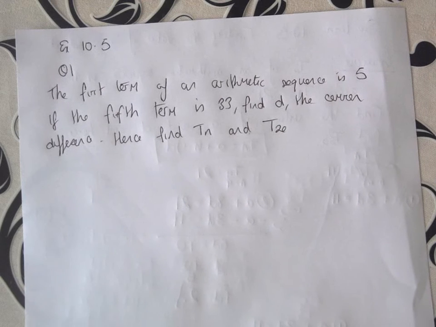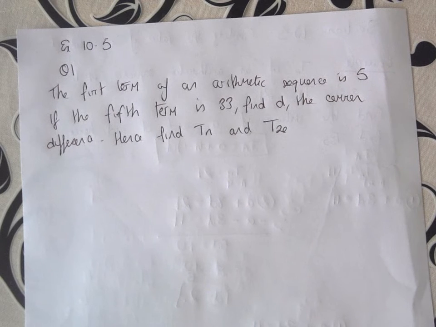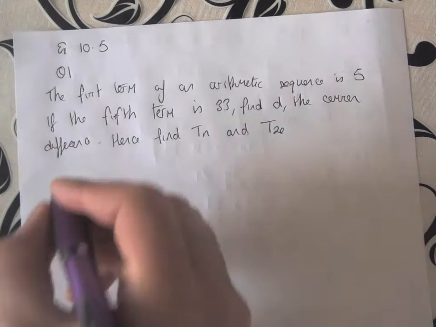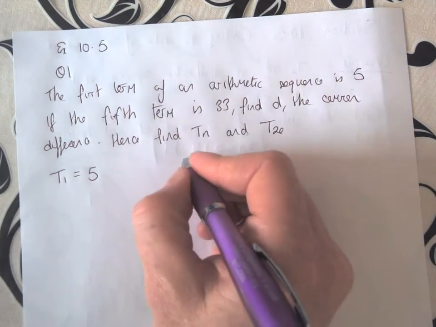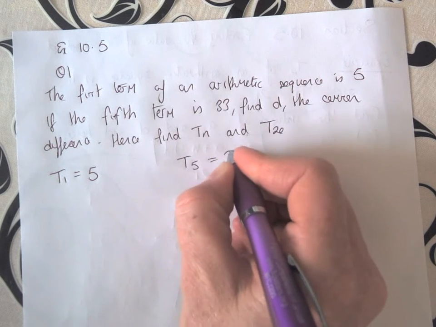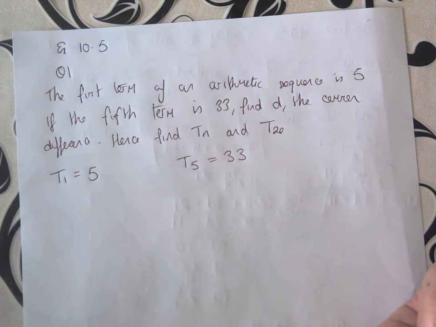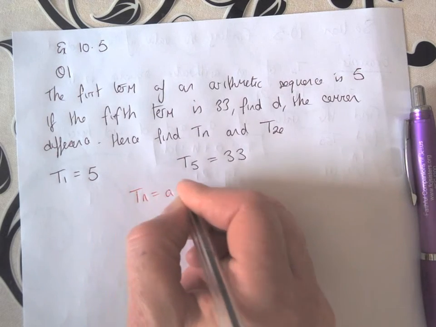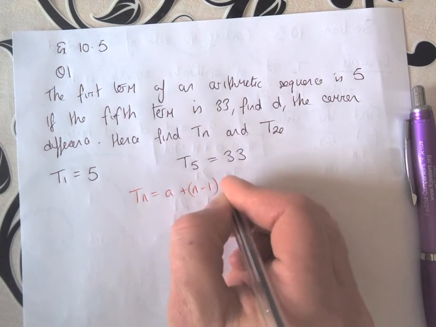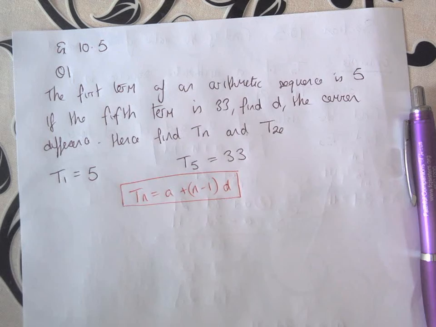Okay, so I'm just doing one from the exercise. Exercise 10.5, question 1. The first term of an arithmetic sequence is 5, so T1 is equal to 5. The fifth term is 33, T5 is equal to 33. Find D, the common difference, hence find Tn and T20. Okay, so again, we're using this.